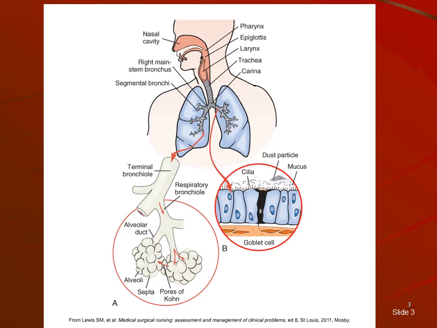The alveoli are lined with something called surfactant, and surfactant is a phospholipid-rich substance that prevents the alveoli from collapsing or turning into that raisin on expiration. Surfactant is absolutely essential for normal lung function.